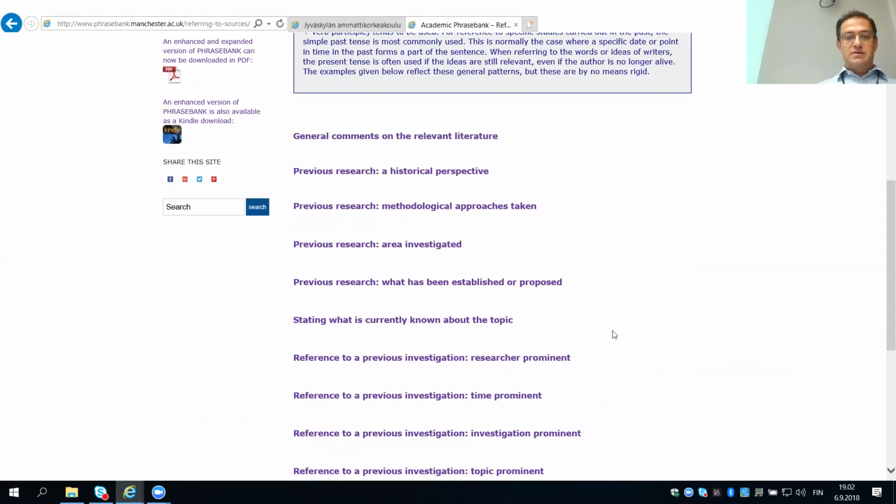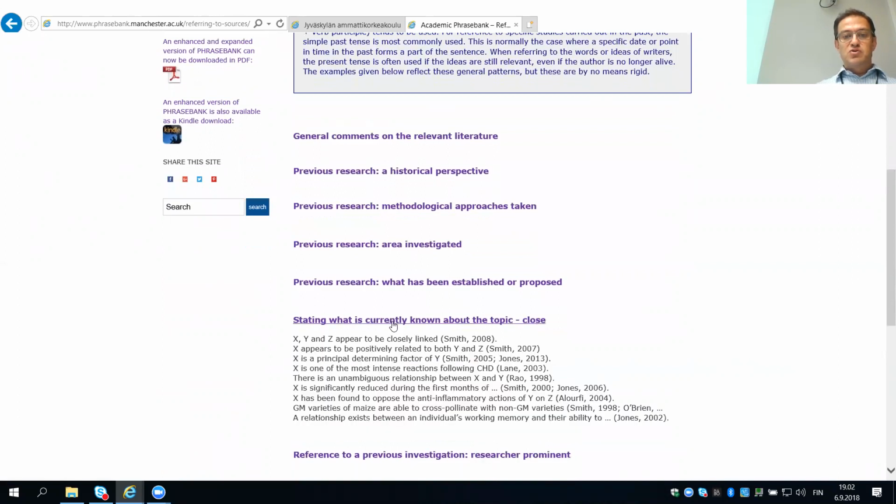So here, when you are doing your literature review and when you are trying, in your analysis, to synthesize literature with each other, we see here: they are closely linked, appear to be closely linked, positively related, unambiguous relationship between X and Y. So use these kinds of wordings.